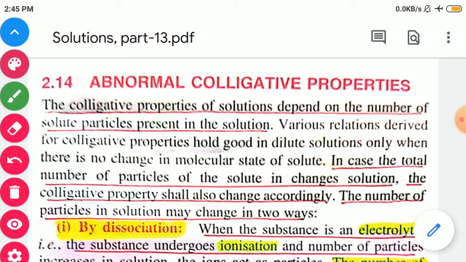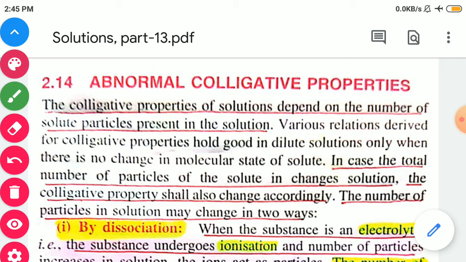Due to that, the colligative property is found to change, meaning it may increase or decrease from the normal colligative property. The colligative properties of solutions depend on the number of solute particles present in the solution.